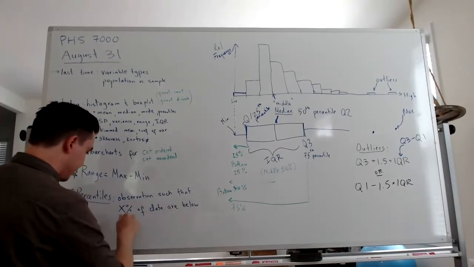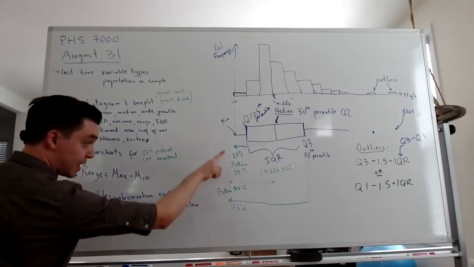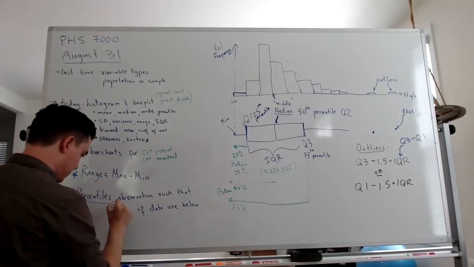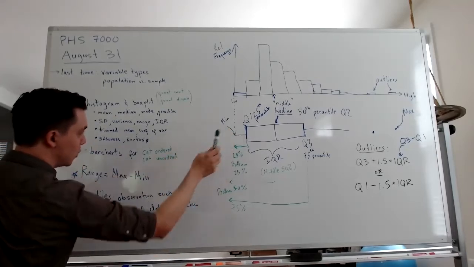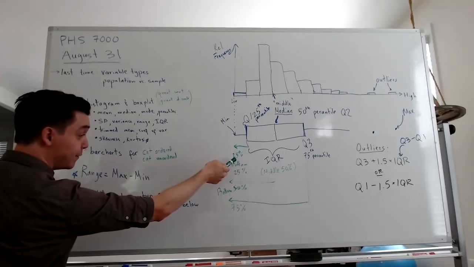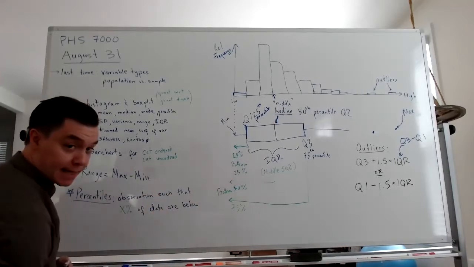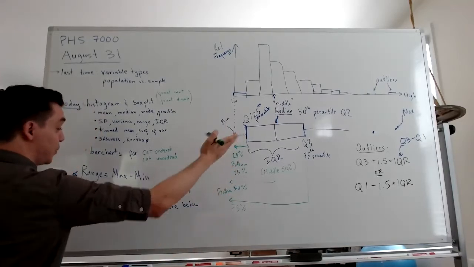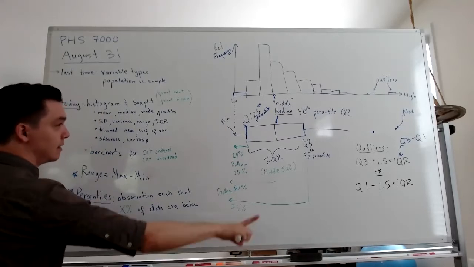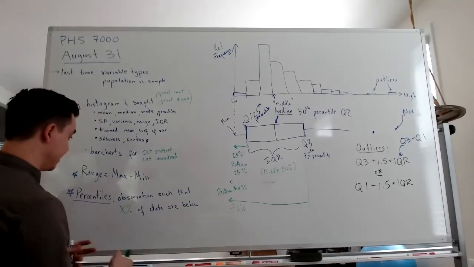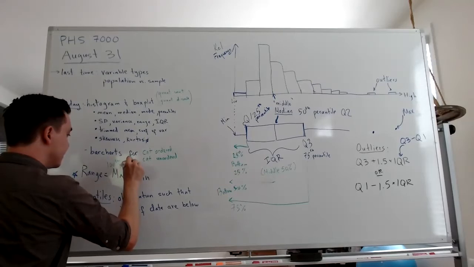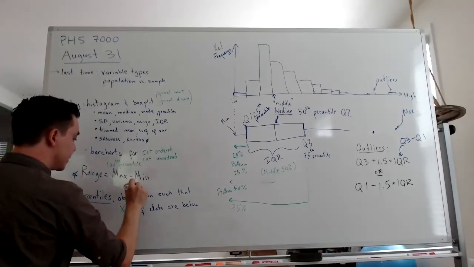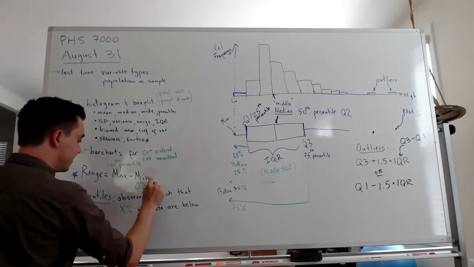And I will even color code X% to match what I have here. And that makes it clear that Q1 is also the 25th percentile. The median is the 50th percentile. Q3 is the 75th percentile. The maximum is the 100th percentile. And the minimum is the 0th percentile.